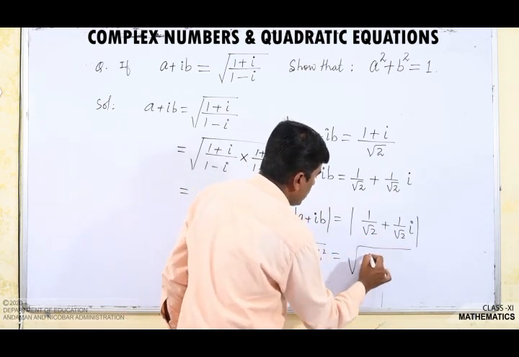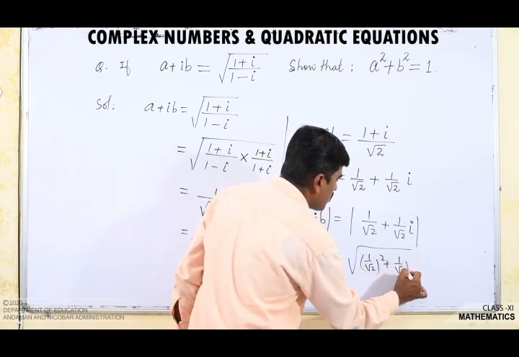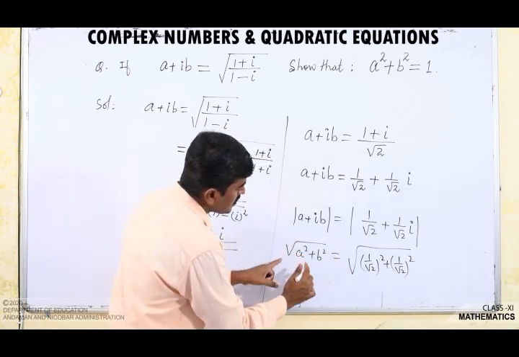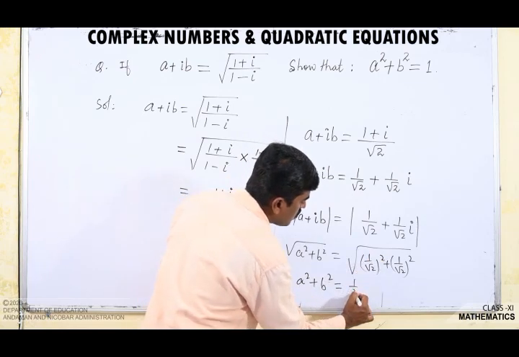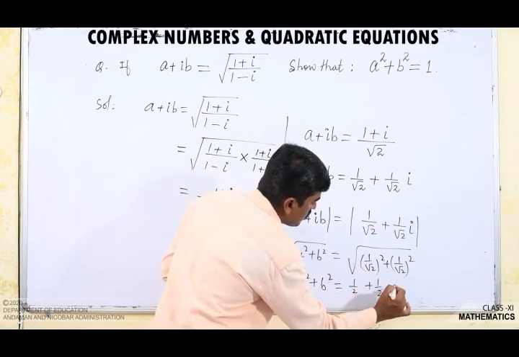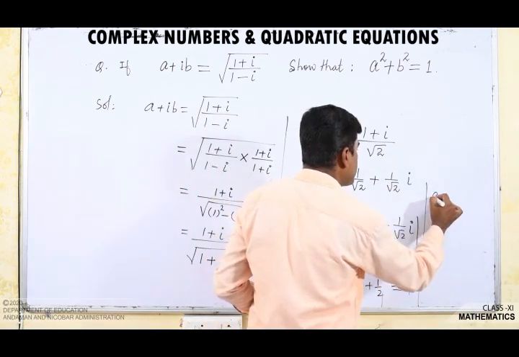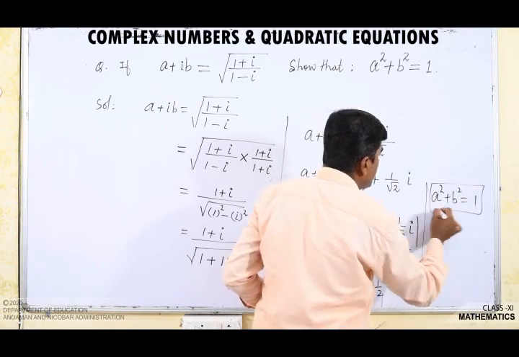That is root over 1 upon root 2 square plus 1 upon root 2 square. So, squaring both sides, we will get a square plus b square is equal to 1 by 2 plus 1 by 2, and that is equal to 1. So, we got the result, that is a square plus b square is equal to 1, hence it is proved.